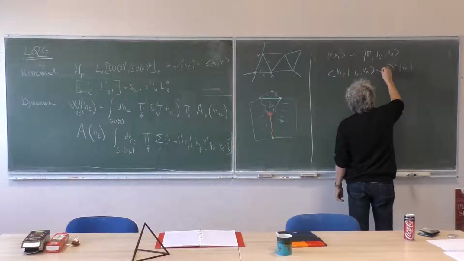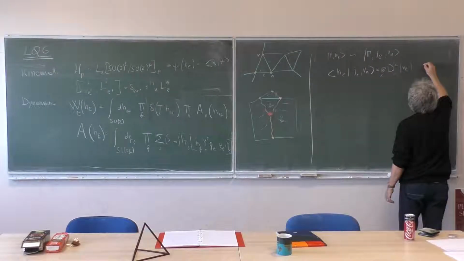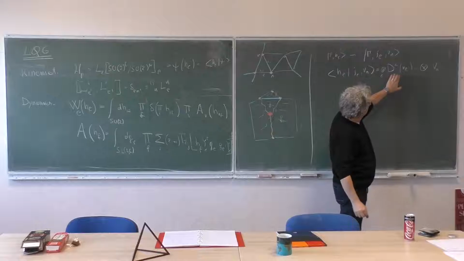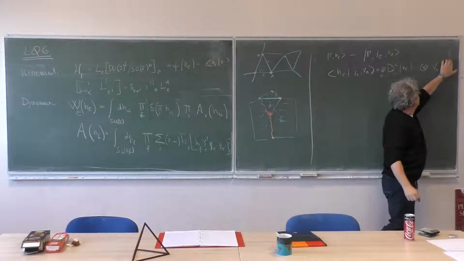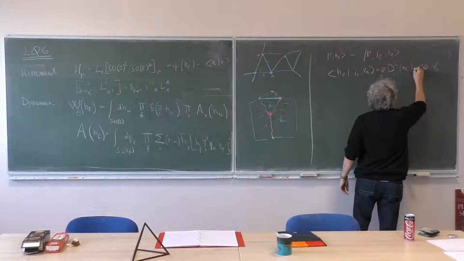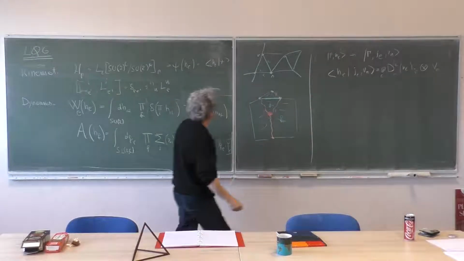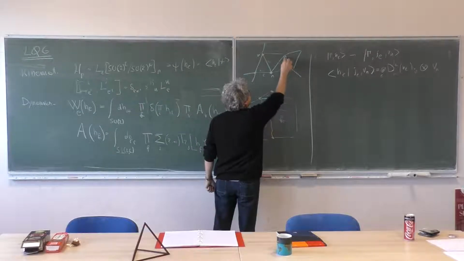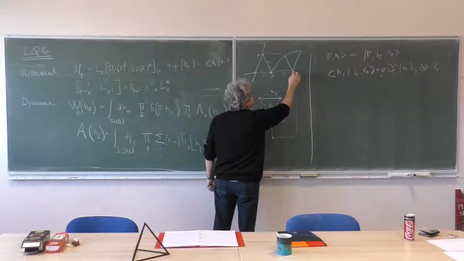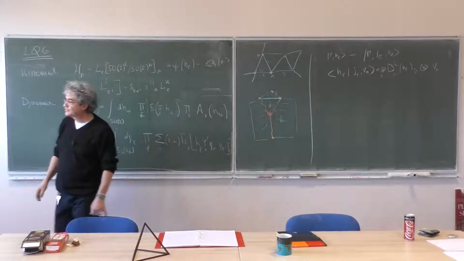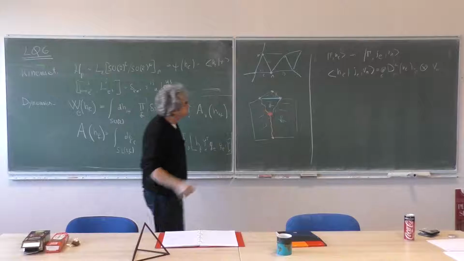So the product of all these on the links contracted with the products of all the intertwiners on the nodes, where the free indices here are contracted with the free indices here in the way the graph dictates, right? So you have a matrix here with an index here and an index here. For every node, you have an intertwiner with an index for each one of these. You contract all of them. This is the basis.